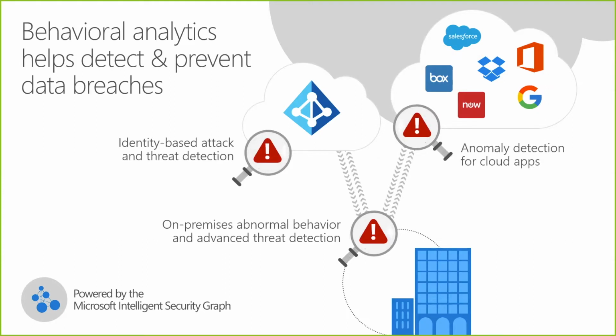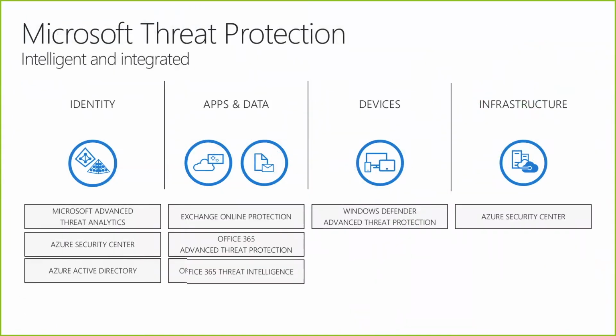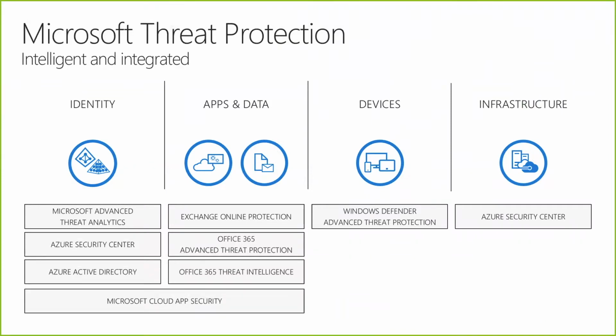To do this, there is a function to upload your firewall logs to Cloud App Security, so that it also analyzes what's going on in your on-prem environment and which third-party cloud apps are used from your enterprise network. Cloud App Security is part of Microsoft Threat Protection, which does a lot of different things.